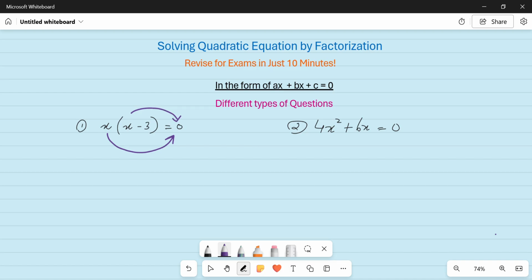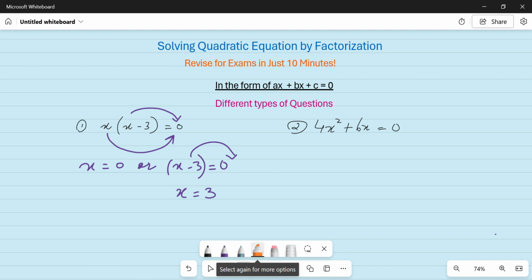So x equals 0, you will get one value, or bracket x minus 3 equals 0. Here you need to find out the value of x. We don't need minus 3 on the left hand side, so minus 3 will shift to the right hand side and change into positive. Now we got two values: one x equals 0 and the other x equals 3.